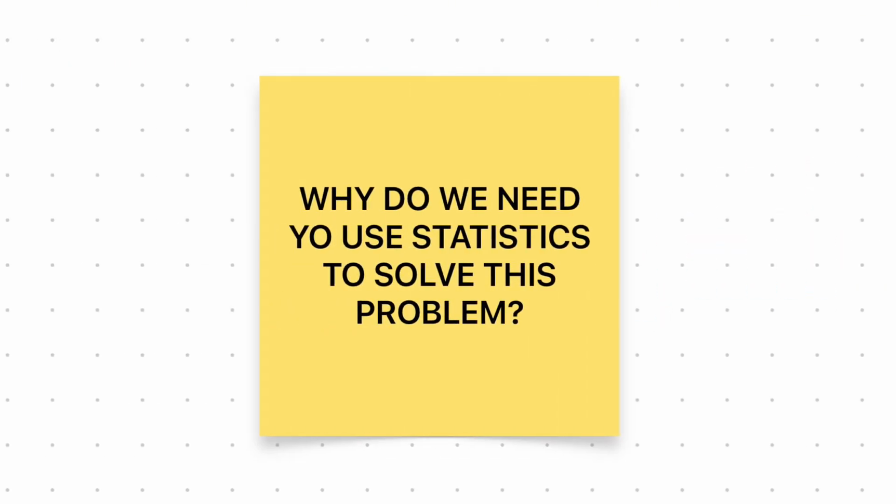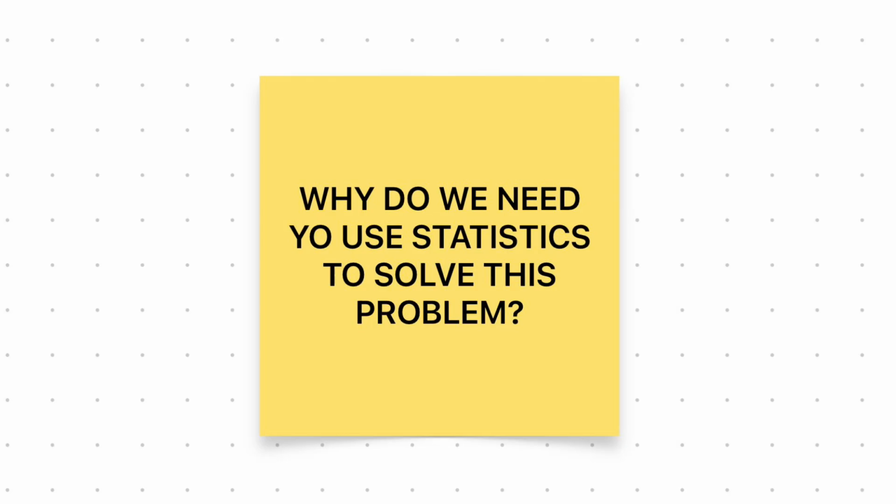To solve this problem, we have to use statistics, because this problem isn't about something certain, it's about chance and random events. The number of accidents is unpredictable, and we use the Poisson distribution to model this randomness. The main challenge is deciding if the traffic light really worked, or if the low number of accidents was just good luck.